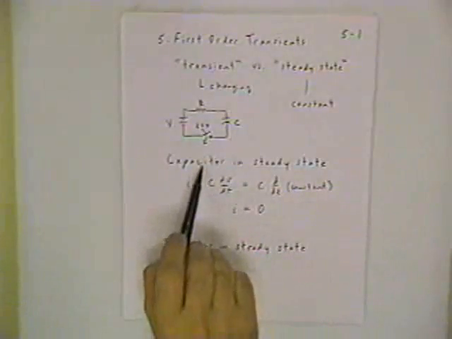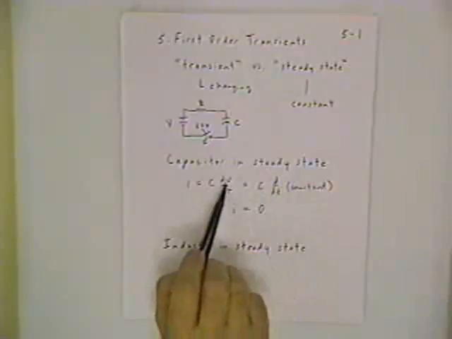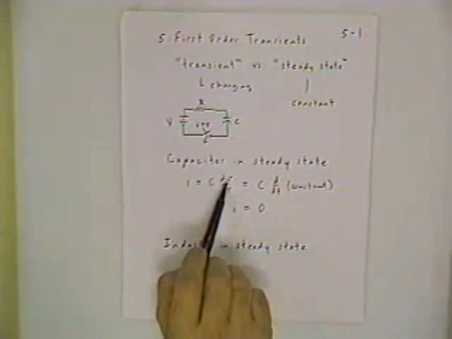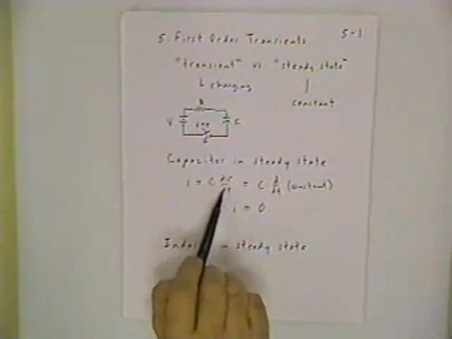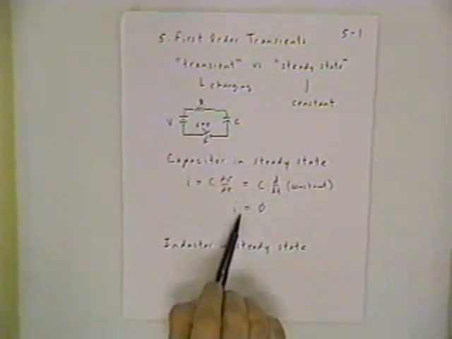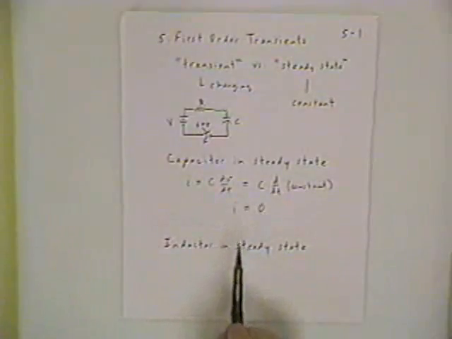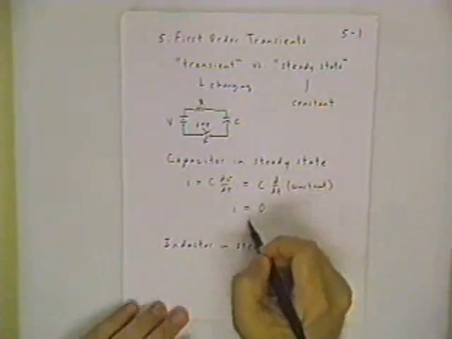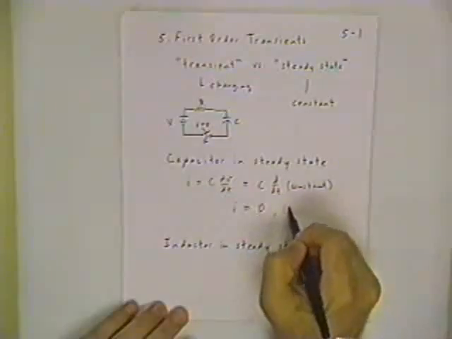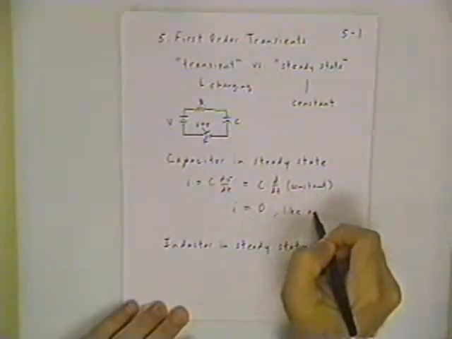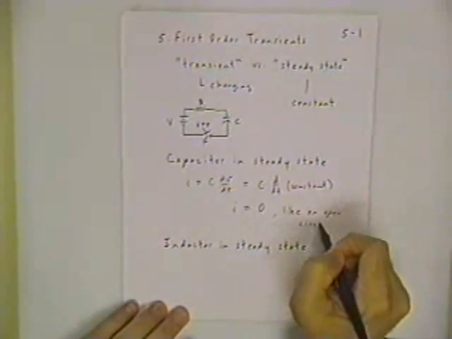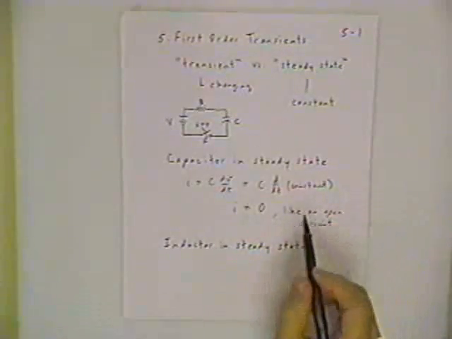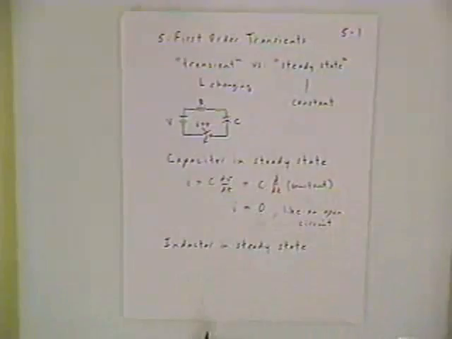That is, if a capacitor is in steady state, whether it has 0 volts on it or some finite DC voltage, that voltage is no longer changing with time, so this derivative disappears, and we get current through a capacitor equal to 0. It's like an open circuit, in the sense that you can have a voltage across the capacitor with no current going through it.